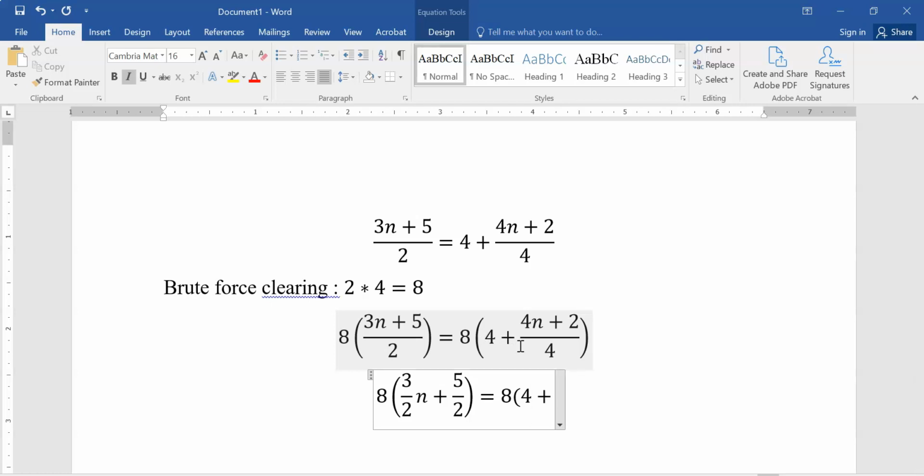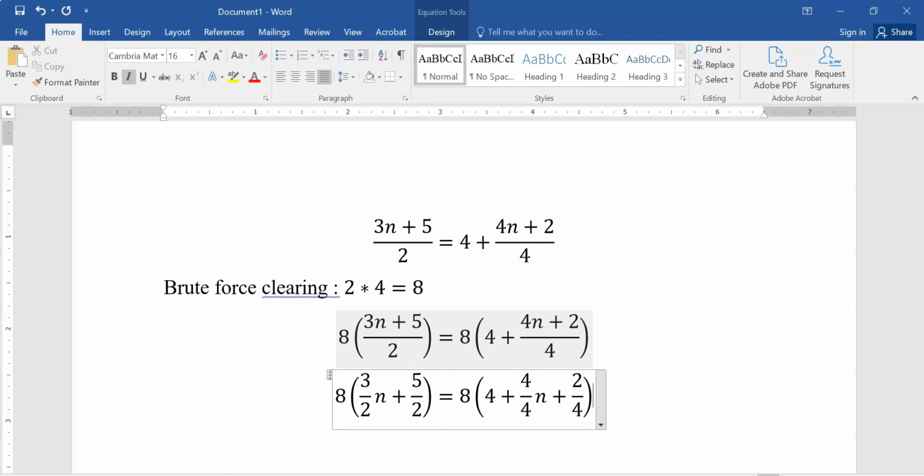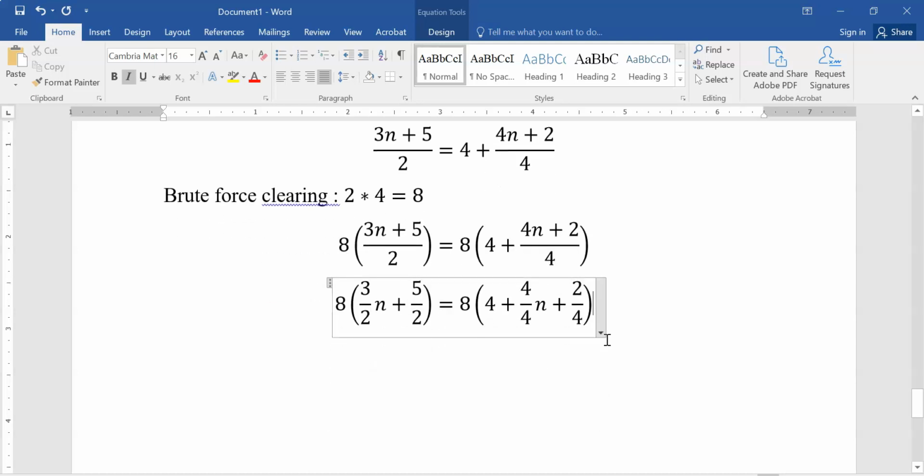But plus 4 over 4 n plus 2 over 4 in my parentheses. So if you see it like that, then it's pretty easy to distribute. 8 times 3 halves, 8 times 5 halves, 8 times 4, 8 times 4 over 4, 8 times 2 over 4, right? So let's go ahead and do that.